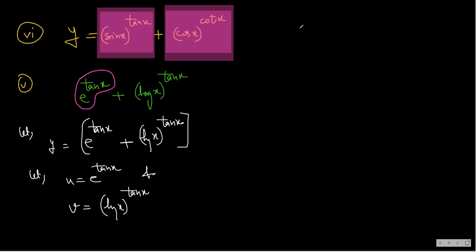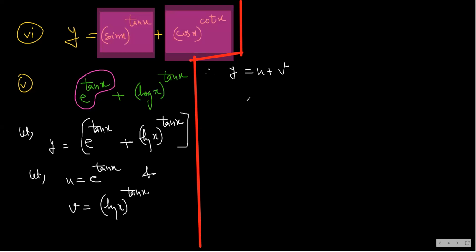So what will the function now become? The function will now become, therefore, y will become u plus v. This is 1, and now I write differentiating with respect to x.